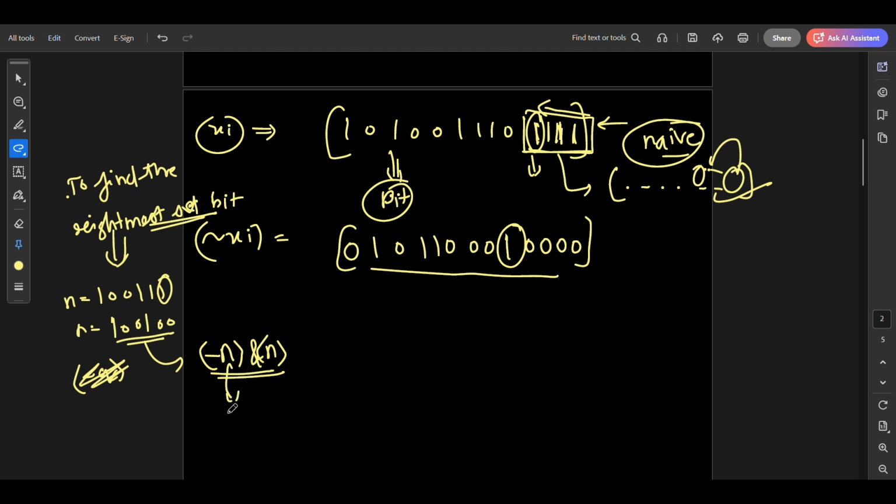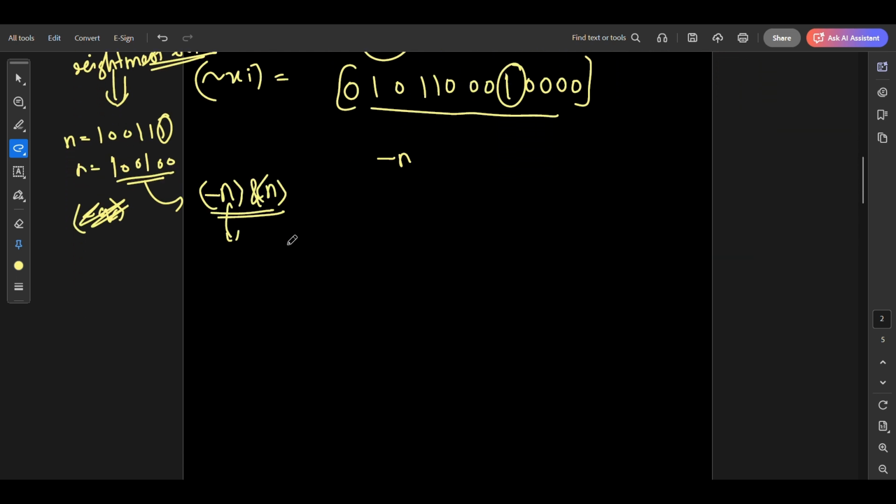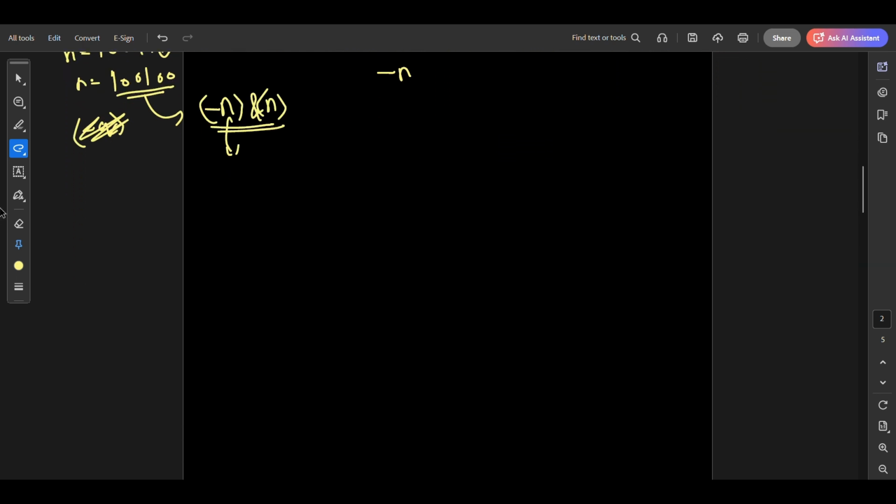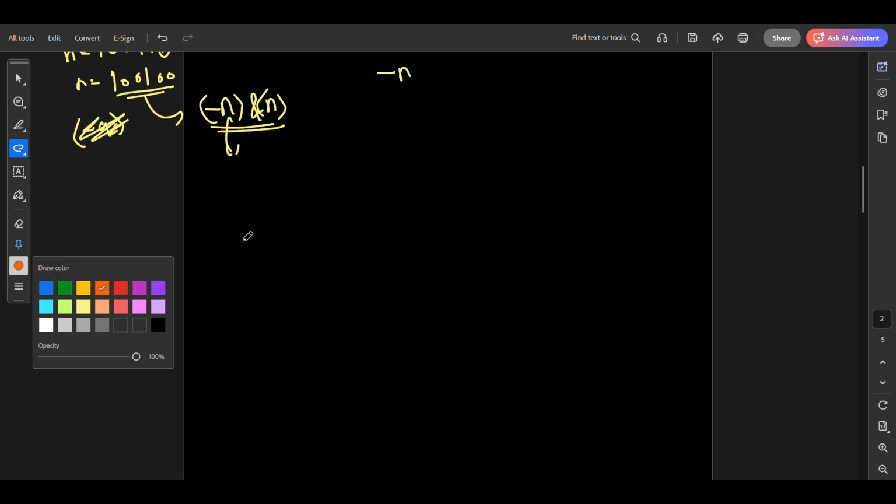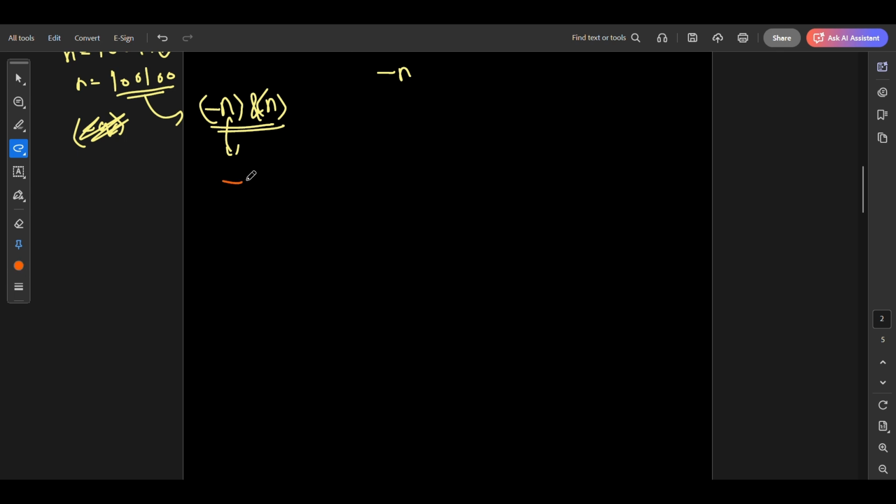But what does this minus n mean? Minus n in the bitwise operations. Okay, let's take it down a little bit, and let's write it in a proper way. So the best thing is that first we need to understand that minus n in bit operations means invert of n, and minus n means invert of n plus 1.